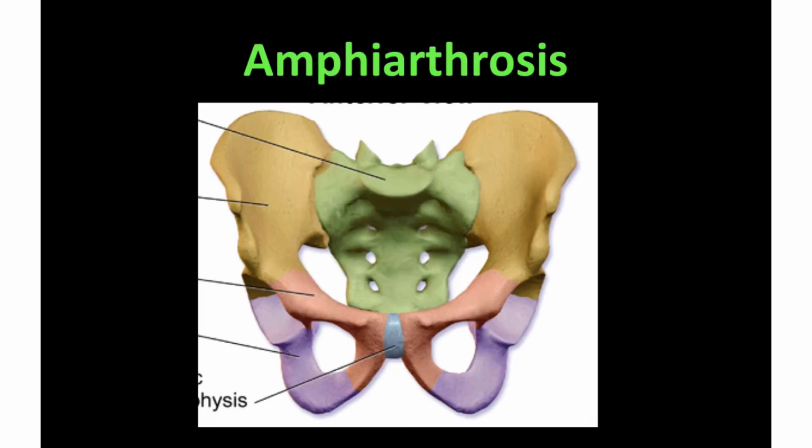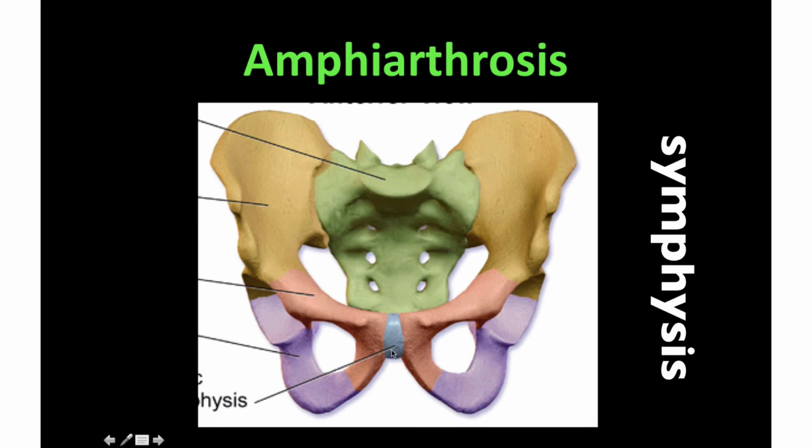We also have amphiarthroses, which are cartilaginous joints, either utilizing hyaline cartilage or fibrocartilage to join adjacent bones. Symphyses, like we see here, utilize fibrocartilage to bind the right and left innominate bones. So this is the fibrocartilage right here.